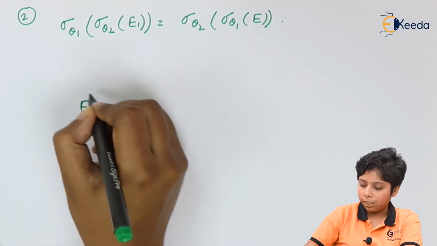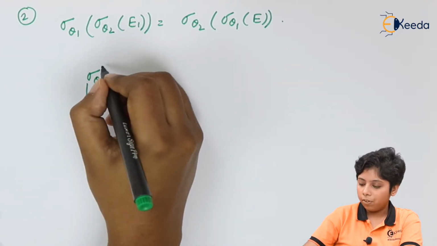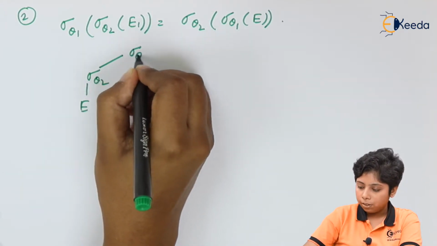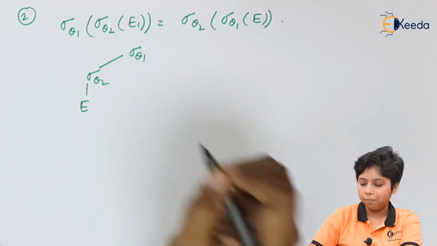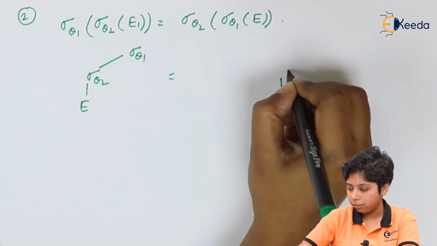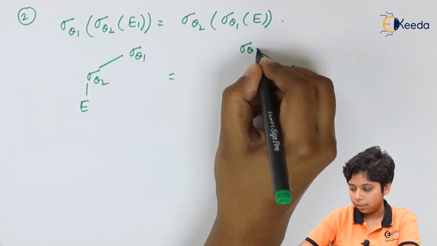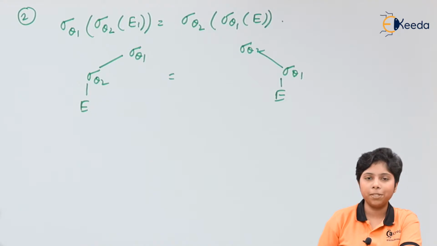So the selection of theta 1 on the selection of theta 2 on E will be the same as the selection of theta 2 on the selection of theta 1 on E. So these two will be the same.